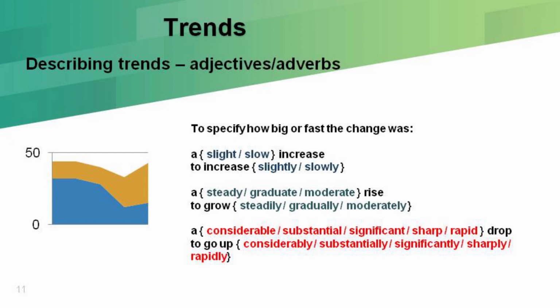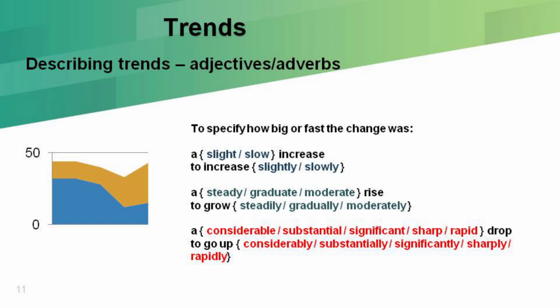If it was just a small increase, you can use the adjectives slight or slow. A slight or a slow increase. You can also use the adverbs to increase slightly or to increase slowly.